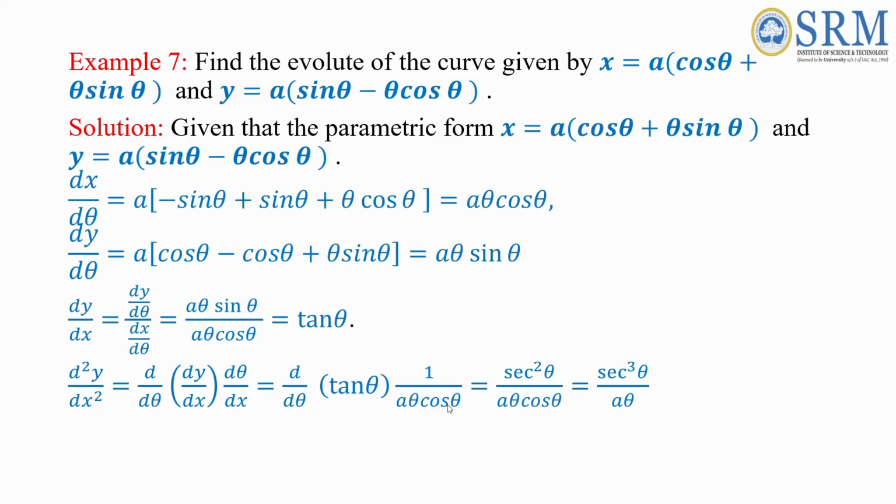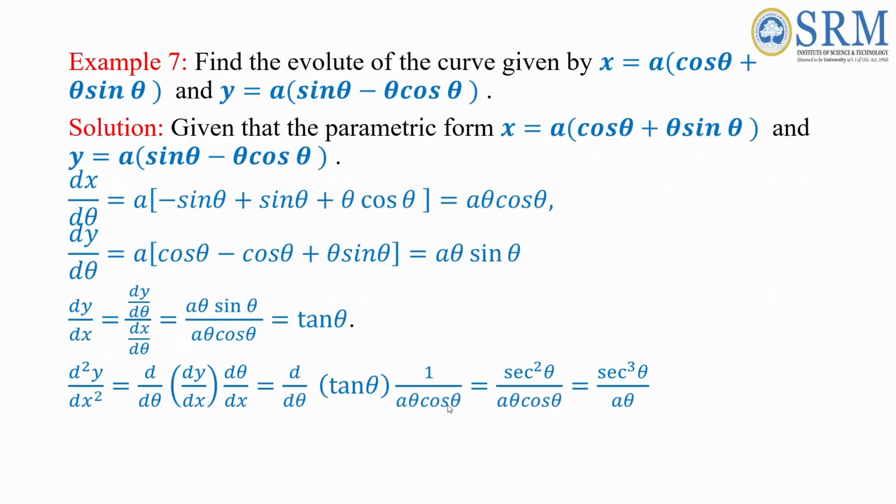Find the evolute of the curve given by x equal to a into cos theta plus theta sin theta and y equal to a into sin theta minus theta cos theta. So the curve is given in parametric form. Then you differentiate x with respect to theta and differentiate y with respect to theta.